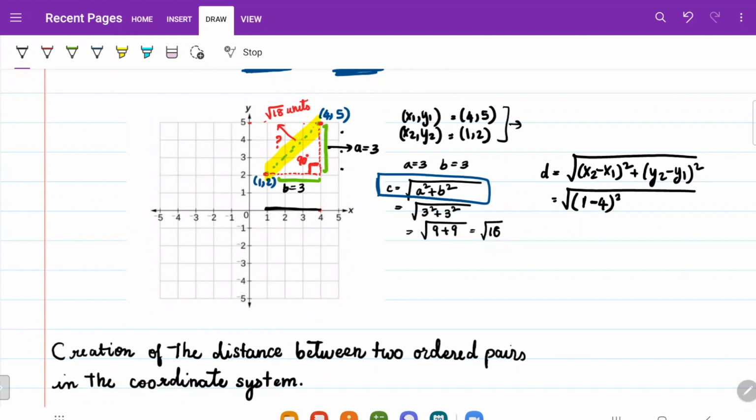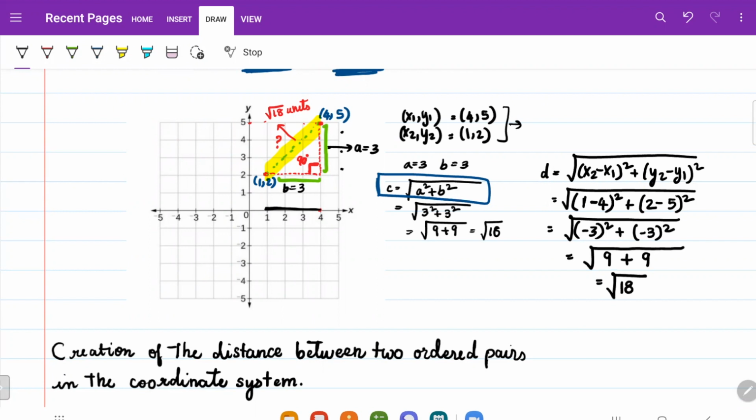This is (1 minus 4) whole square plus y2 is 2, y1 is 5. This is (2 minus 5) whole square. So here we have (minus 3) whole square plus (minus 3) whole square. Minus 3 times minus 3 is 9. Minus 3 times minus 3 is 9 again. We have square root of 18. As you can see here, we got the same answer using both the methods.